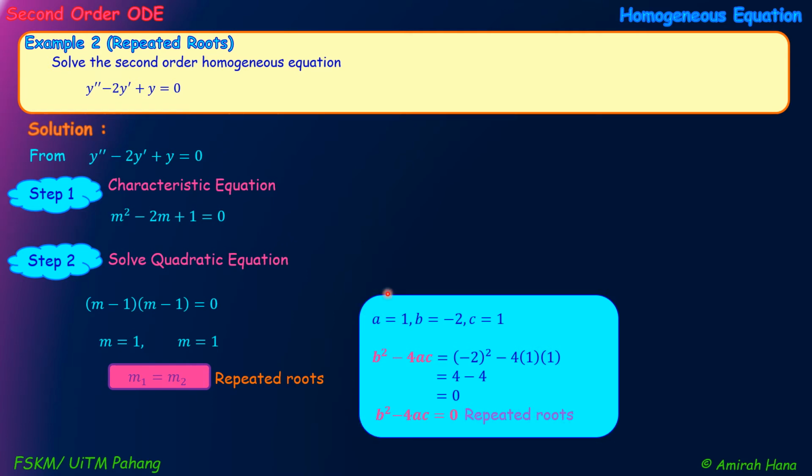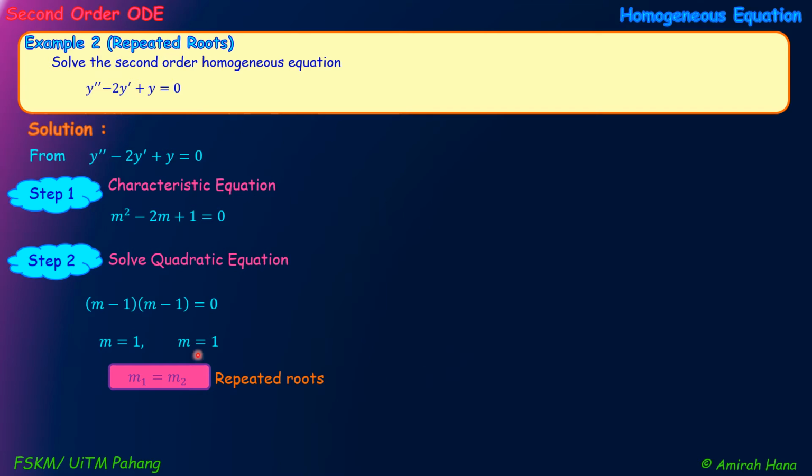You can find the value of b squared minus 4ac, or you can factorize. From the answer we get repeated values, m1 equals m2, so this is repeated roots. We do not need to find b squared minus 4ac; from the answer we can conclude this is repeated roots.